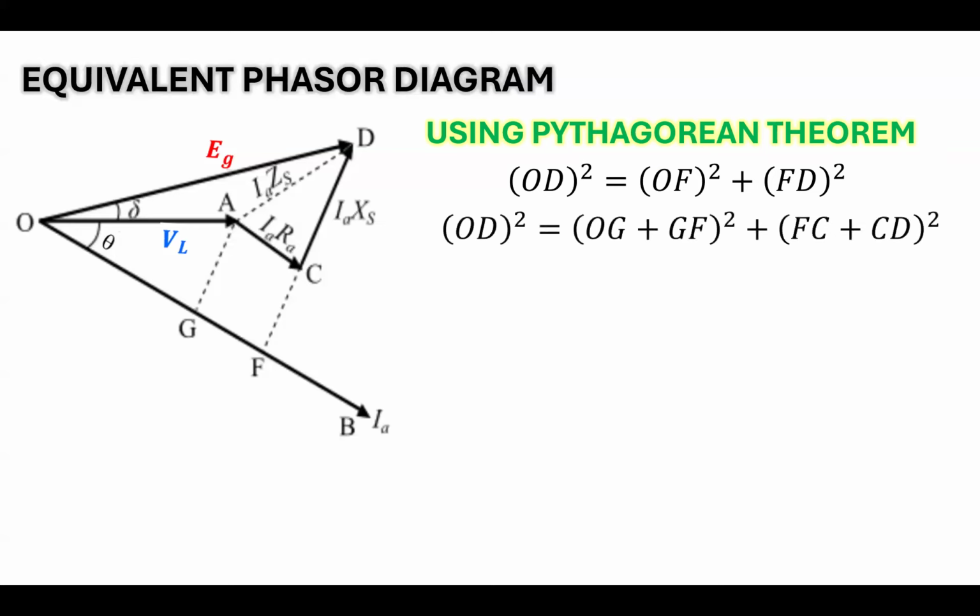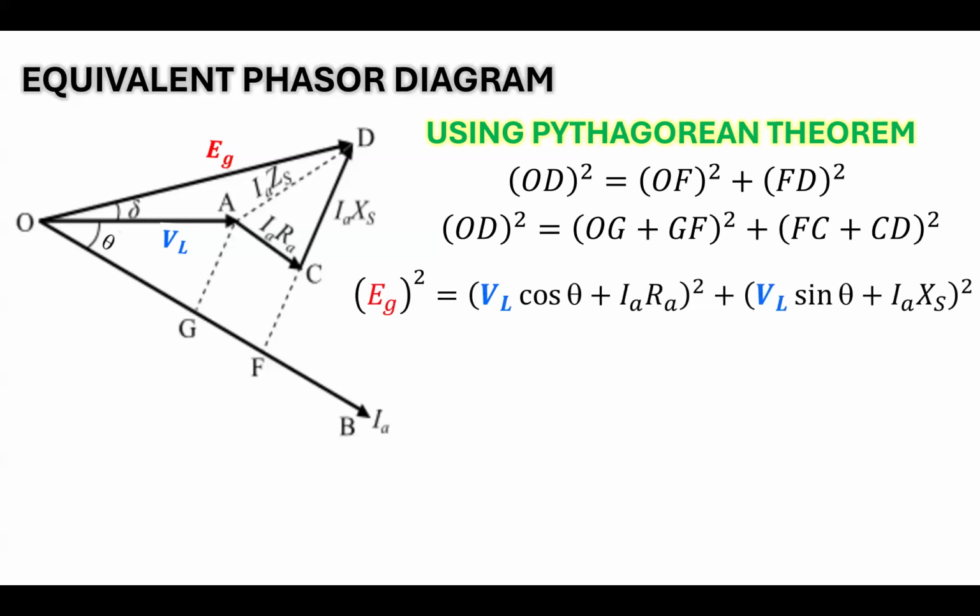So, you will notice also that OF is simply line OG plus line GF, and that is to be squared also. Plus the opposite side, which is FD squared, is simply line FC plus line CD, to be squared.